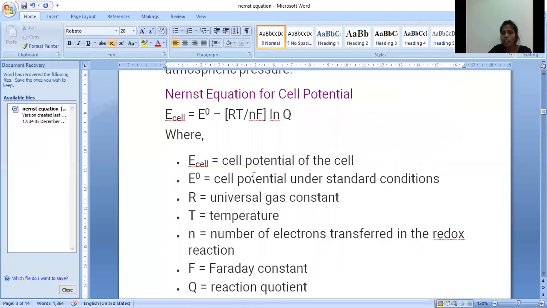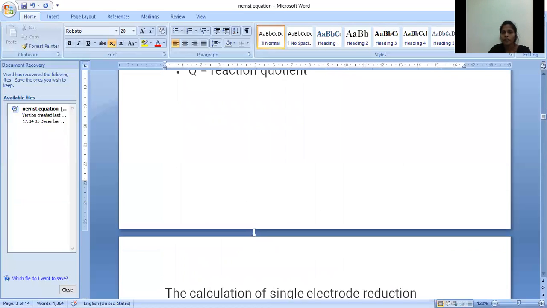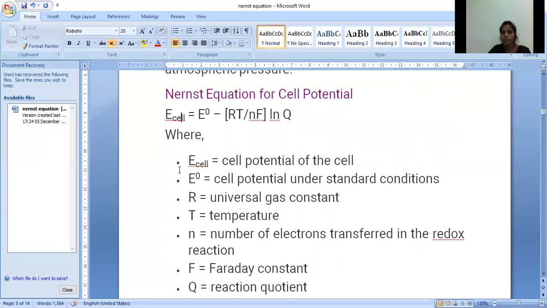So number of electrons lost or gained, that is N. F is the Faraday constant, and Q is the reaction quotient. I will explain reaction quotient in the next slide. So that is the Nernst equation. Simply remember E cell is equal to E naught cell minus RT by NF ln Q.